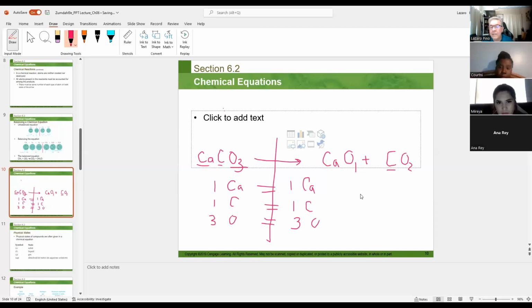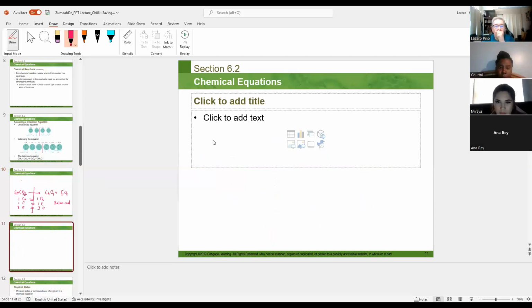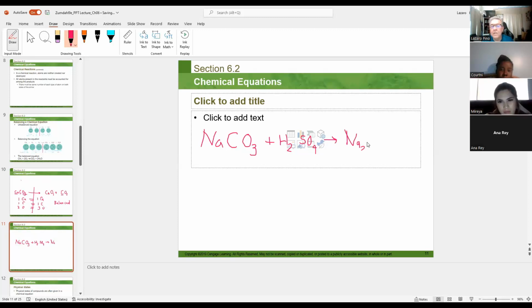And this is another example where we have, for example, carbonate plus, and the products are sodium sulfate, water, and carbon dioxide. Okay, so here it is.